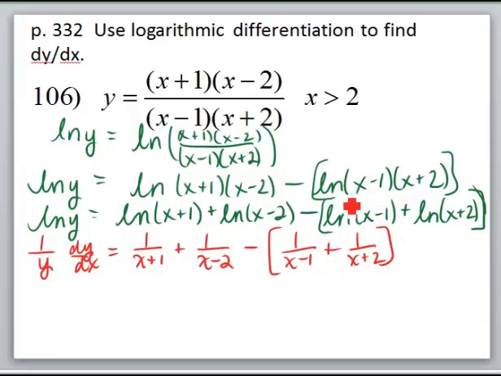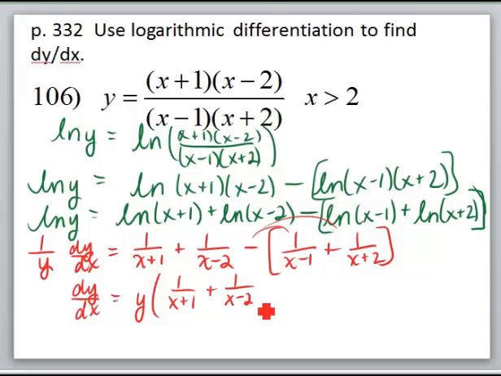The only thing really left to do is to distribute this negative through and multiply both sides by y. So I end up with y times 1 over x plus 1 plus 1 over x minus 2 minus 1 over x minus 1 minus 1 over x plus 2.